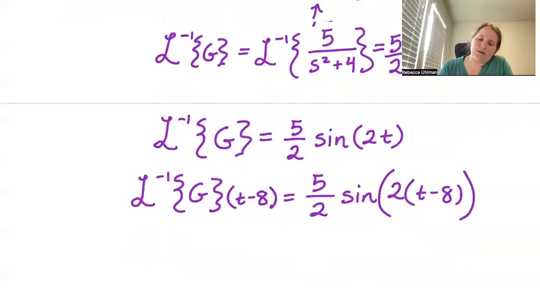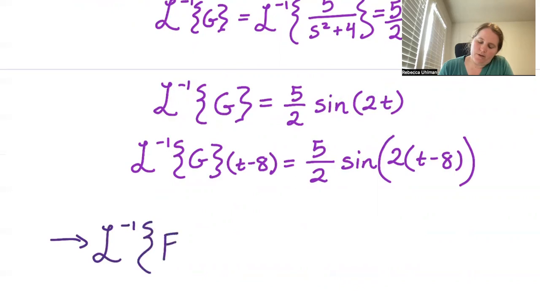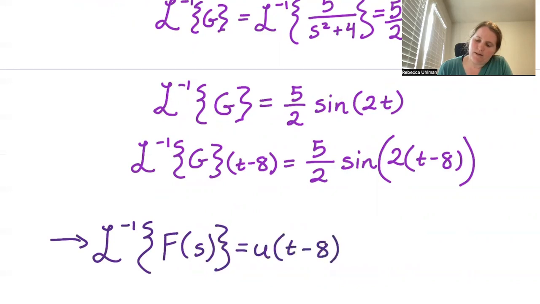So we get that our final answer is that the inverse Laplace transform of our capital F of s is equal to u of t minus 8 times 5 halves sine of 2t minus 16, essentially.